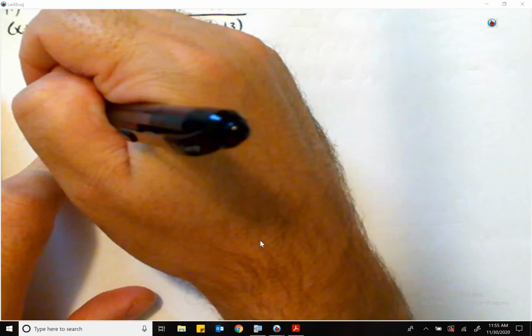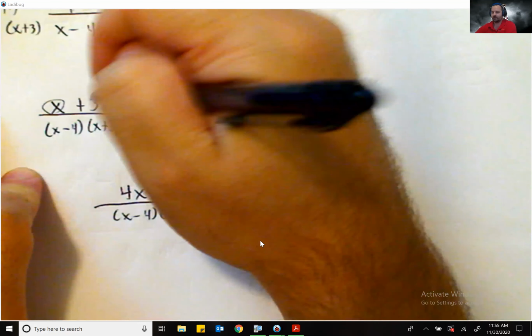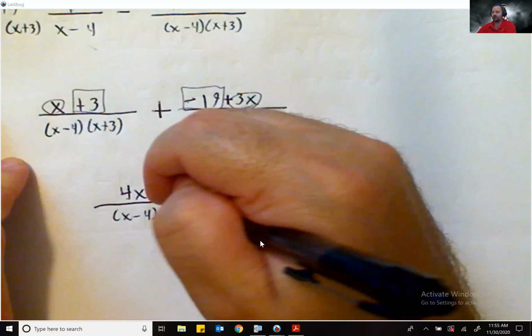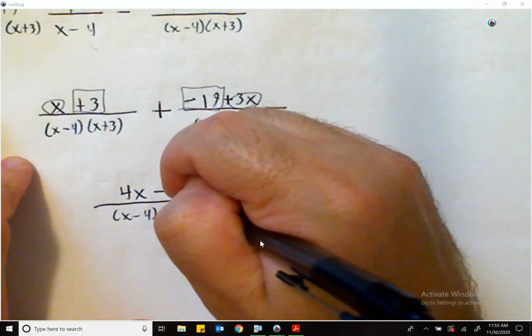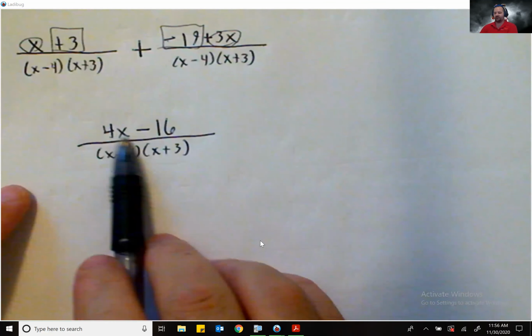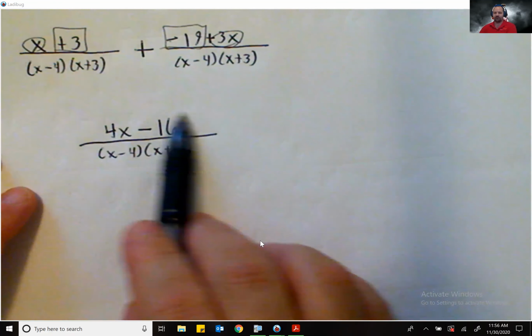So these two got together, which became 4x, and these two become negative 16. And now we're almost done. We need to see if this can factor. Can 4x minus 16 do any factoring?